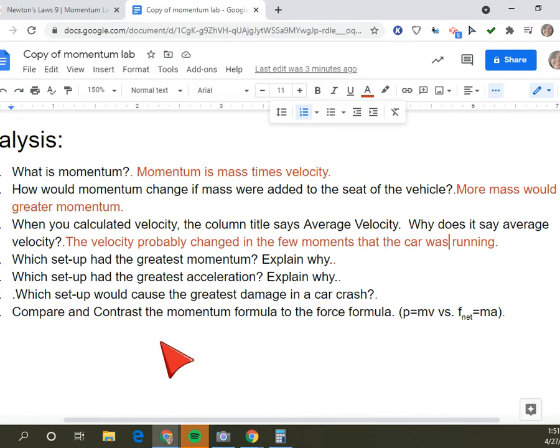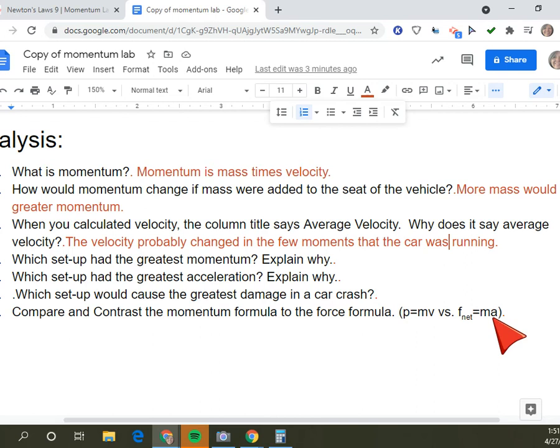The last one is probably the most important question. We're going to look at it a lot: compare and contrast the momentum formula to the force formula. Momentum is mass times velocity. Force is mass times acceleration. So they both depend on mass. They both depend on movement.